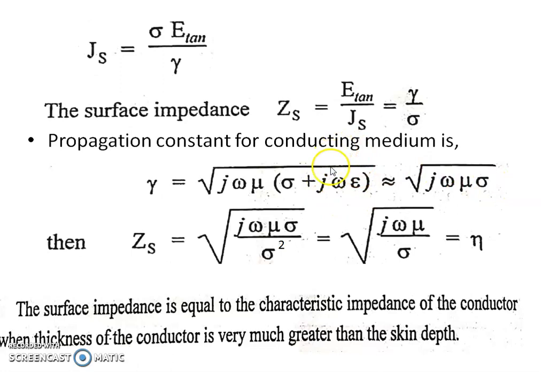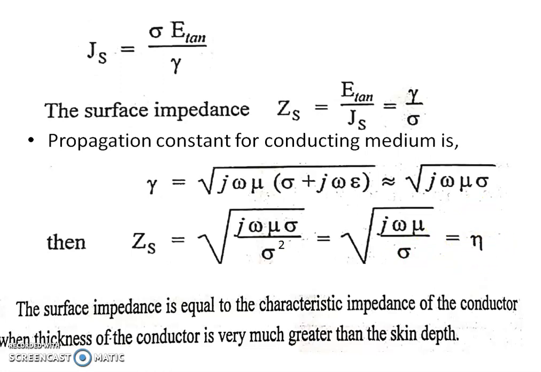Then Zs is equal to, apply this value of gamma in this equation. So Zs is equal to root of j omega mu sigma divided by sigma square. That is equal to root of j omega mu divided by sigma, which is equal to eta.